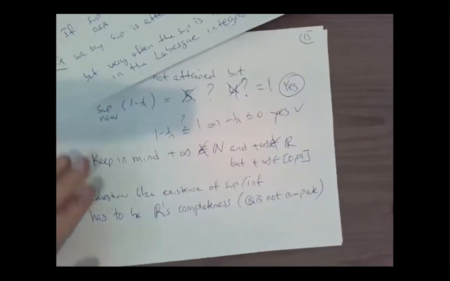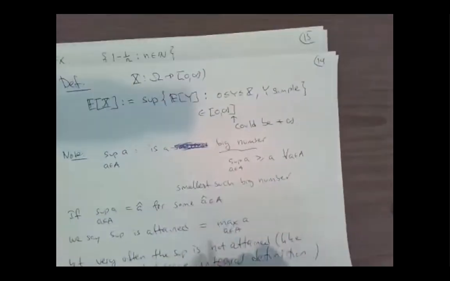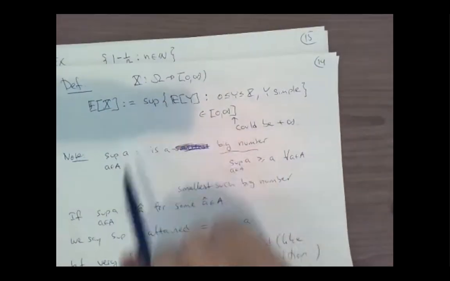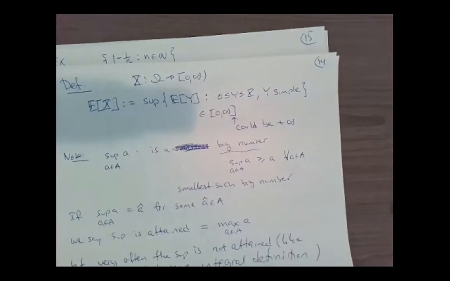It would take us way too far to start discussing why I am allowed to write supremum up here. If you have taken a course in real analysis, presumably somewhere in that course there would be a discussion of suprema and infima, and why they exist and when they do not exist.